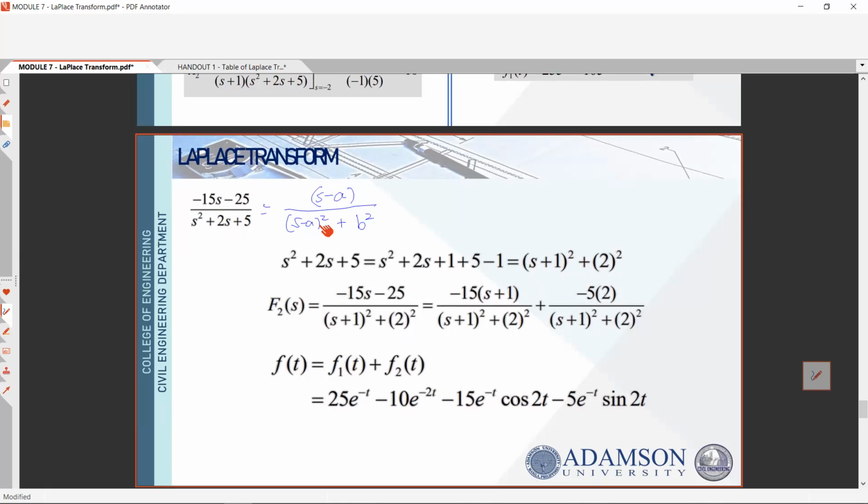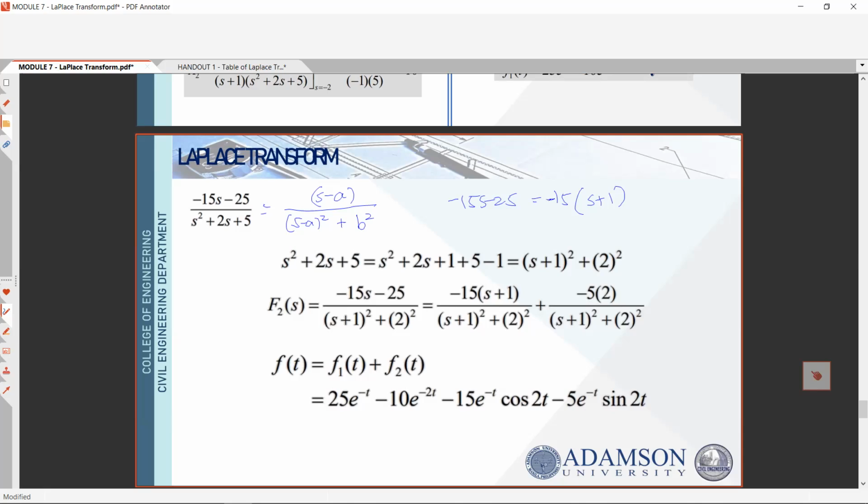However, kailangan natin na the same yung nandito sa taas and nandito sa denominator and numerator. So just like yung ginawa natin kanina. So, negative 15S minus 25 is equivalent siya sa 15. Then, katulad nito, S minus A. So, that is equivalent to S plus 1. Okay? So, anong i-add natin para maging negative 25 pa rin siya? Okay?